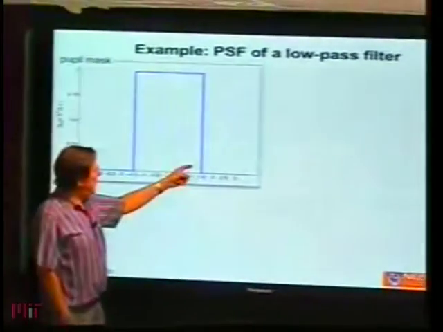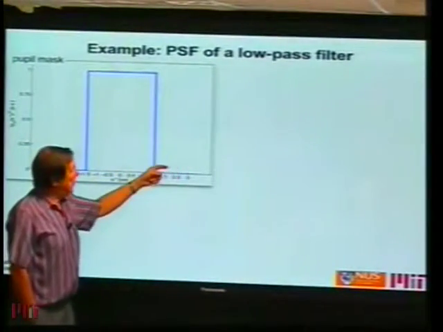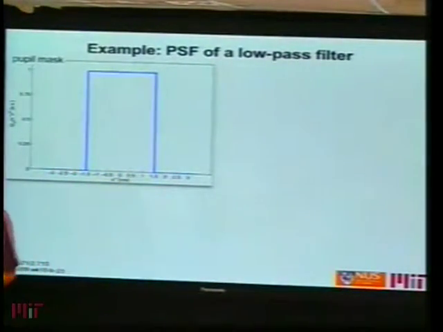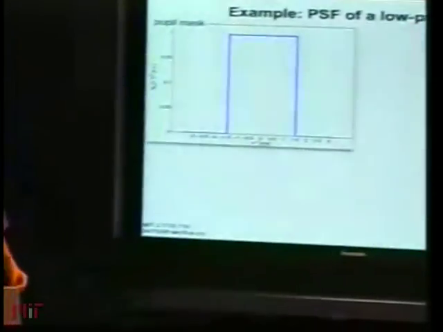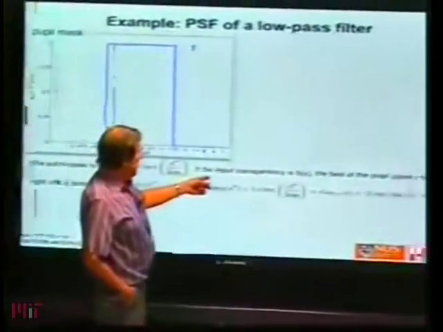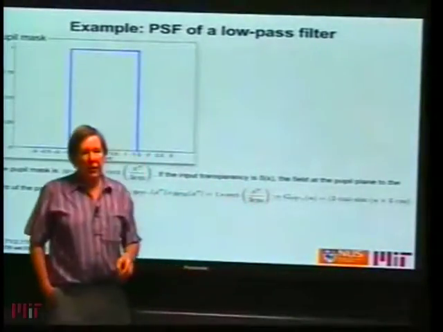So, for example, if we've got the low pass filter, with zero in the center, it lets through the low frequencies and stops the outer frequencies. So this is the pupil mask. What does the point spread function of that give? We're assuming that the input transparency is delta of x, i.e. on the axis.